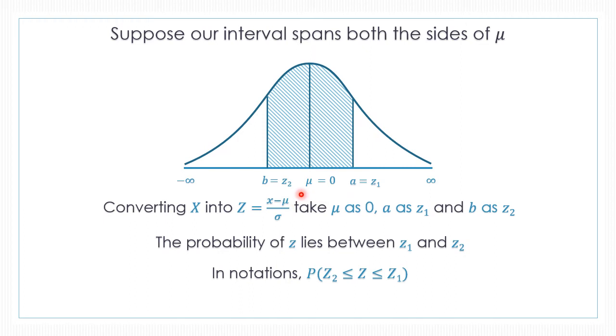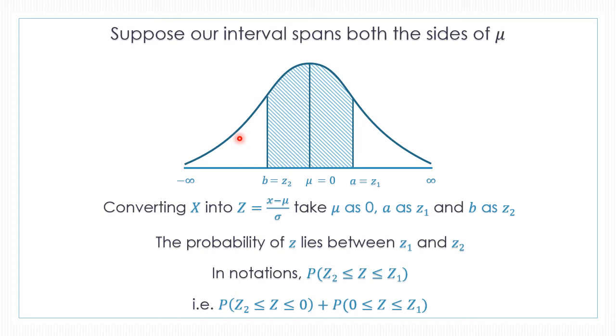We can use simple maths here, which we studied in second and third standard: first we calculate from z2 to 0, because this part is there, then we calculate from 0 to z1, the second part, and then we add both parts. So it will be z2 to 0 plus 0 to z1. Now if you assume z2 is 2 and z1 is 1, you can just look up the probability of 2 from the table, 1 from the table, and add both probabilities.